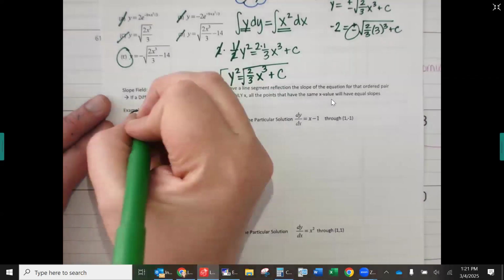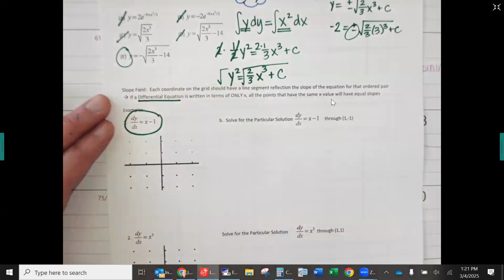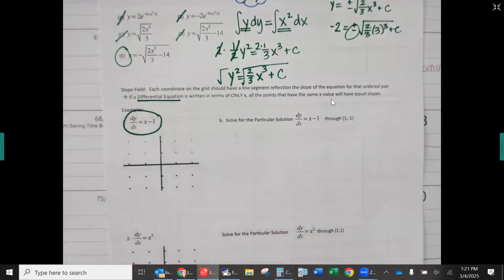Remember that a dy dx equation is called a differential equation because it already has a derivative. From there, you're going to take every ordered pair on this grid and you're going to plug them into the dy dx, and then you're going to draw a line segment representing the slope of the graph at that point. So that sounds really confusing, but I want you to group the points into their x value.